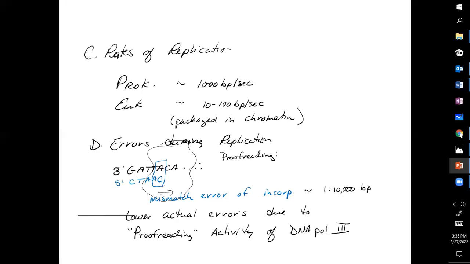And so the error is recognized by DNA polymerase. Synthesis stalls. So there's a pause.